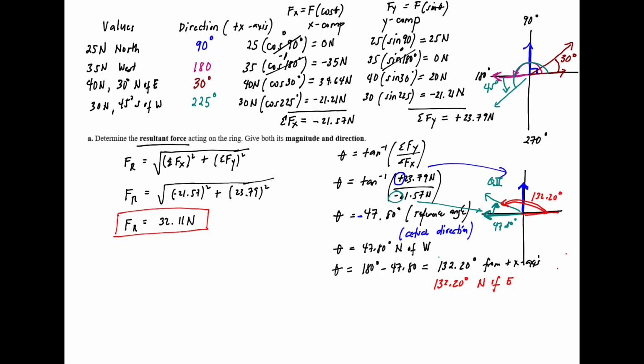And so what is now our final answer? The final answer is the resultant force, that is 32.11 Newton at 132.20 degrees north of east, or you could say 47.80 degrees north of west.